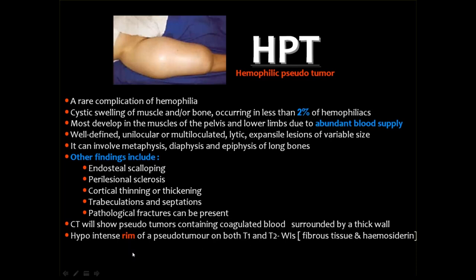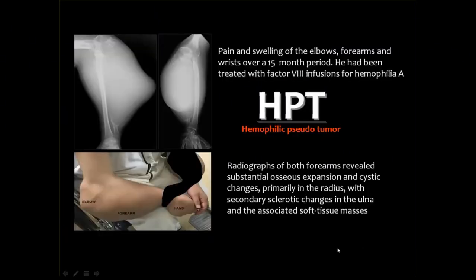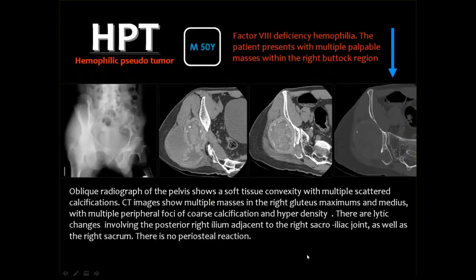A hypointense rim of the pseudotumor is seen in T2 and T1 weighted images due to fibrosis and hemosiderin deposition. And this is an example of a hemophilic pseudotumor in the forearm, where you get significant destructive changes and expansion of the ulna, and you can see the huge soft tissue component.